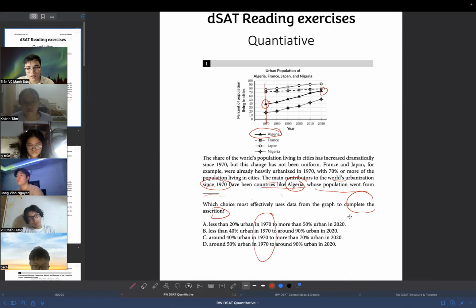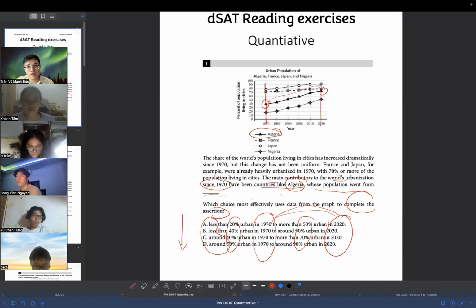This is 1970, this is 2020. When you find a question about quantitative, you have to read vertically. That means you're trying to find the differences between the four answers. Here you have less than 20, 40, 50, 1970, and this one. So essentially, you're looking at these two time frames, here and here.